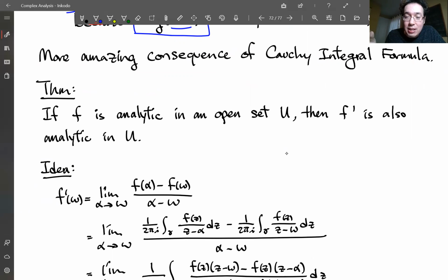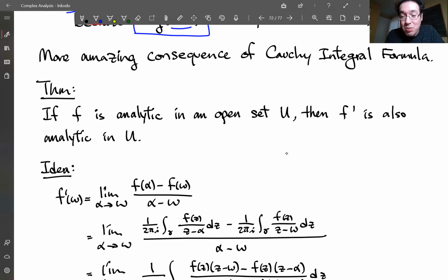And if it's saying that f prime is also analytic, that means that the derivative also has a derivative, which means that the second derivative also has a derivative by repeated use of this theorem. And we can conclude that once you have an analytic function, it's infinitely differentiable. If you can prove that you have one derivative in a complex sense, then you have as many derivatives as you like, which sounds like an insane conclusion.